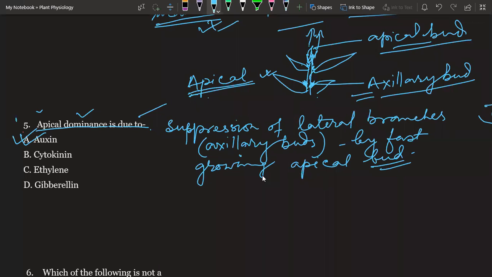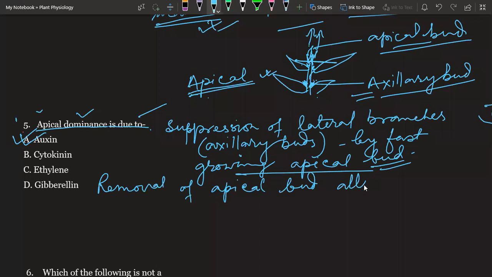If you want the lateral buds or branches to form, what do you have to do? You have to remove the apical buds and allow lateral branches to grow.